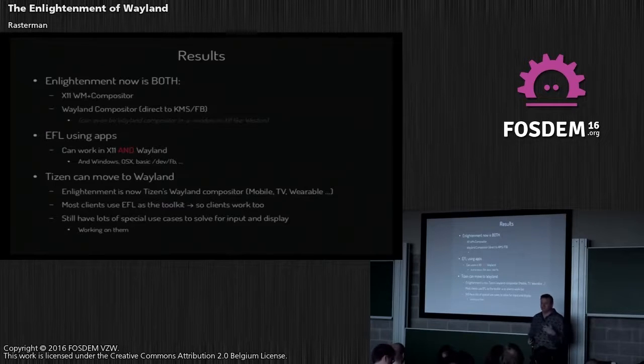And the result now is Tizen can move to Wayland. We are well on that path. We've got a lot done. There are still niggles left; we're working on that. Since almost all clients in Tizen use EFL to display, they basically got ported pretty much for free. We did have to do a lot of yelling at people who bypassed the compatibility layers and went straight to the X ones and decided to say, let me just change X properties.